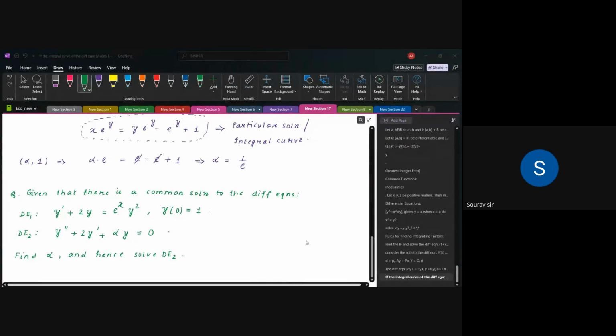Okay, this is the question. So the idea is that you have two differential equations, both of them have a common solution. So if that is the case, we have to find alpha and hence solve the second differential equation. So can anyone take a guess? How should we proceed with this?